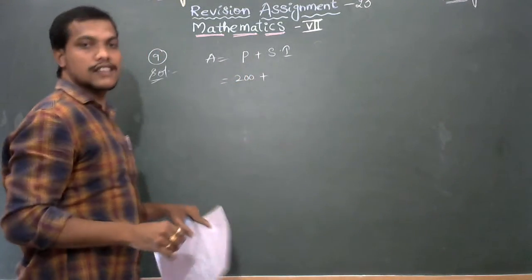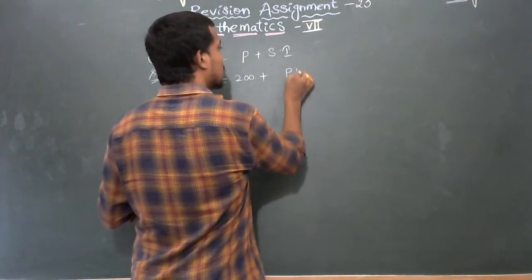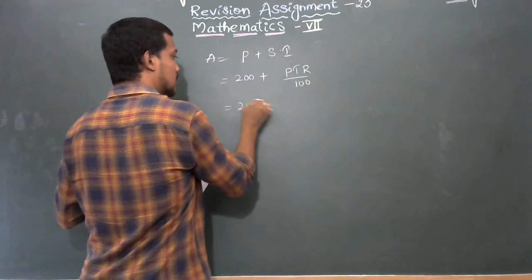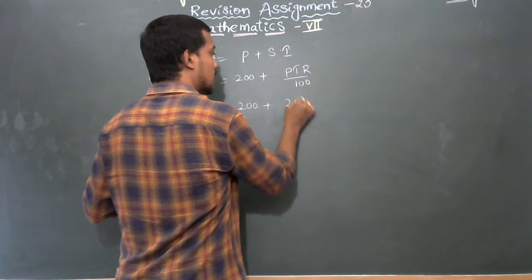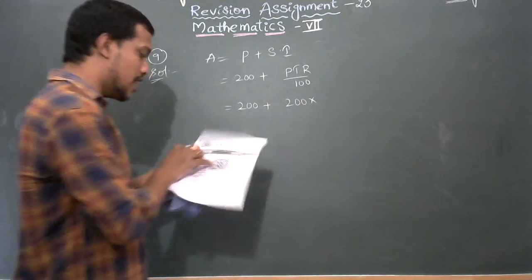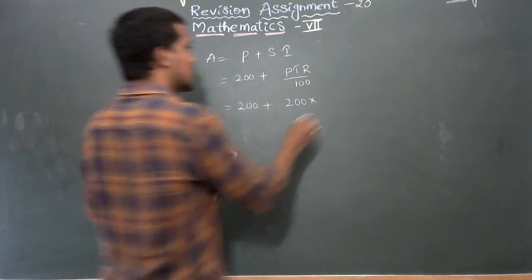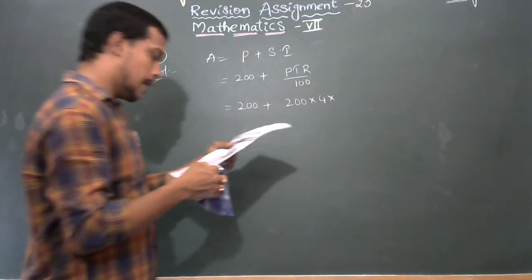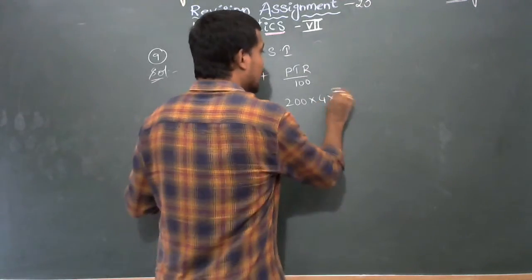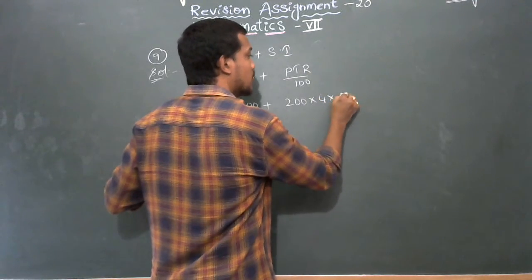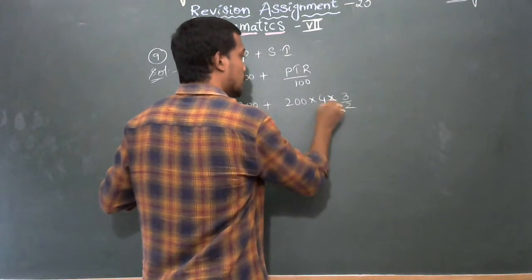So what is the simple interest? PTR by 100. So 200 plus P value 200 into time, into the rate 4. Here 1.5 can be treated as 3 by 2, by 100.